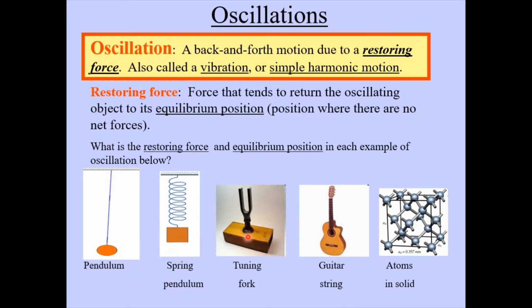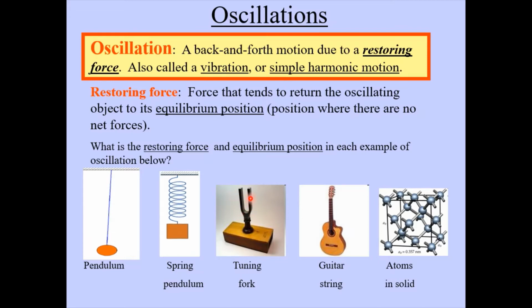A tuning fork, I don't have one with me here, but you may have seen these. Musicians can use them. You basically hit the tuning fork with a mallet, and it vibrates, and it makes sound. And in this case, the restoring force is the elastic tension in the metal.